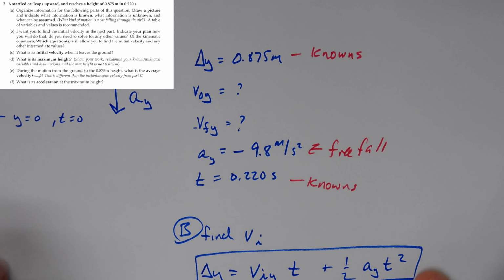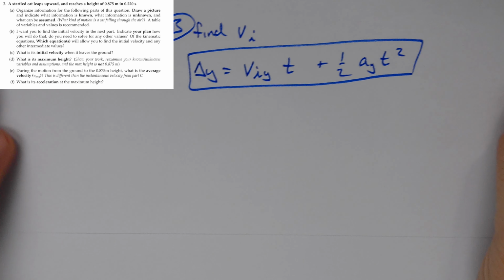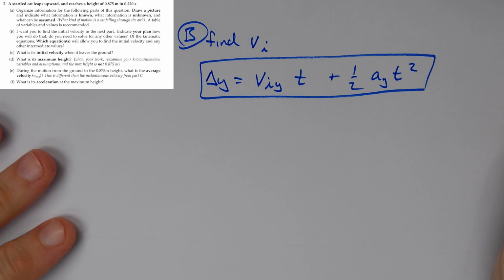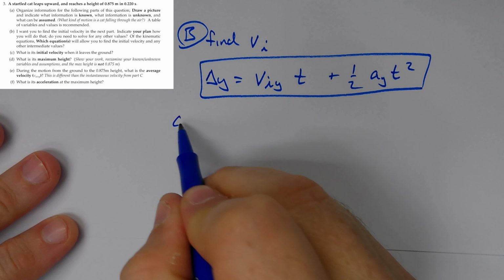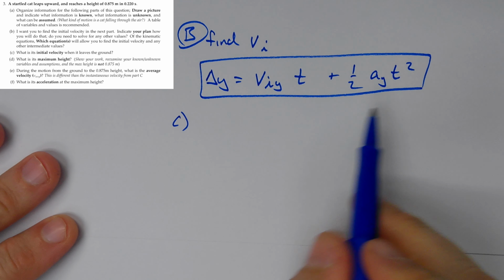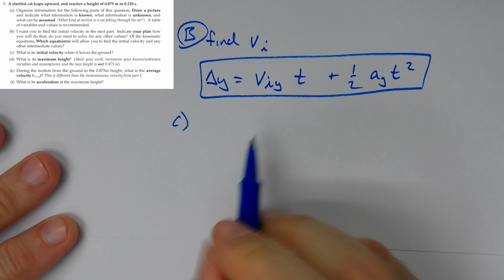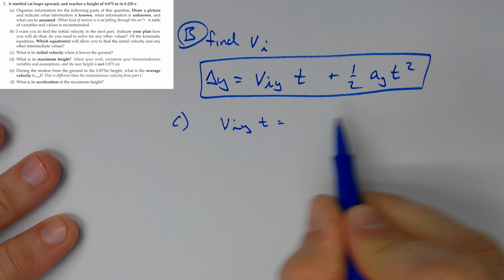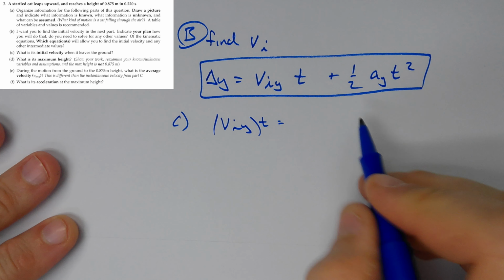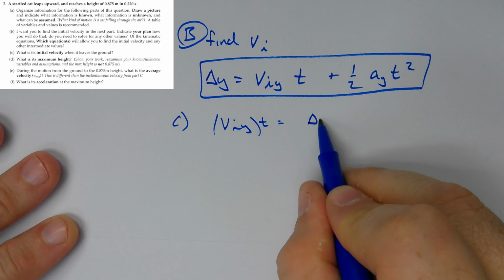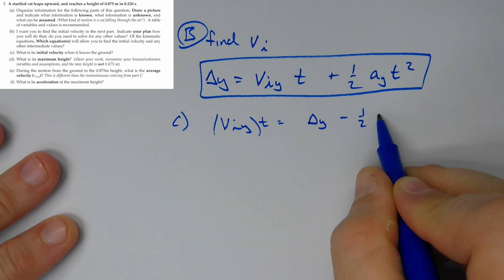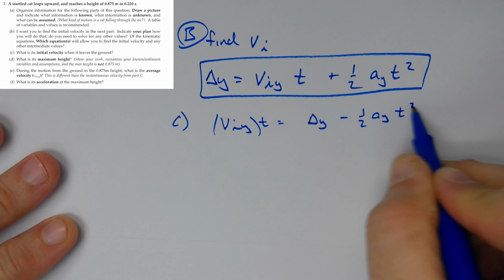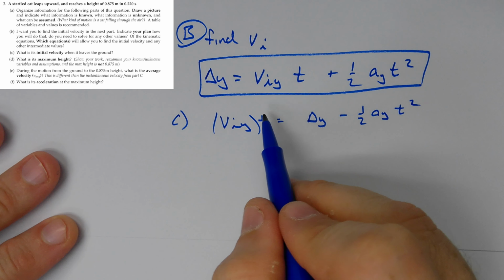Once we have that, then we can just start doing some algebra. So for part C, that initial velocity, we need to get this term by itself. And that's going to be delta y minus 1/2 ay t squared. And then we'll divide by the time.